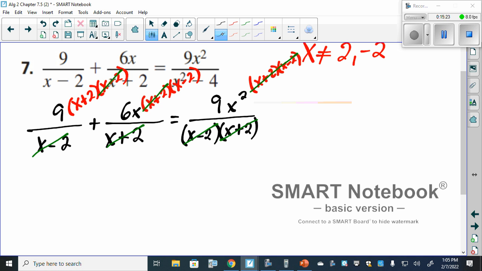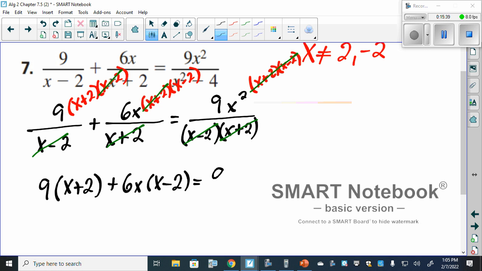And what we're left with is 9 times x plus 2 plus 6x times x minus 2 is equal to, well, 9x squared. Because for the last one, the denominators canceled out completely.